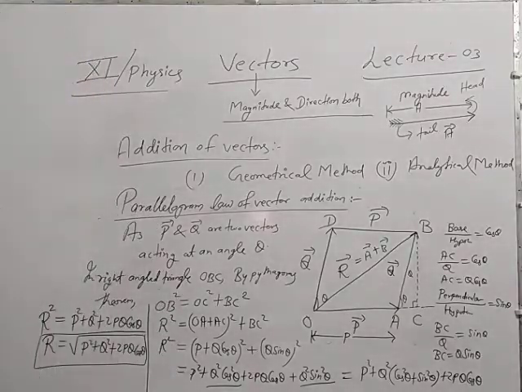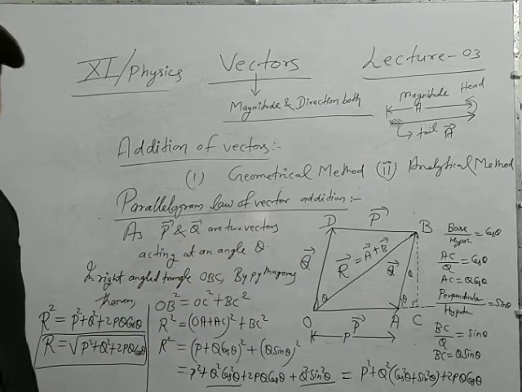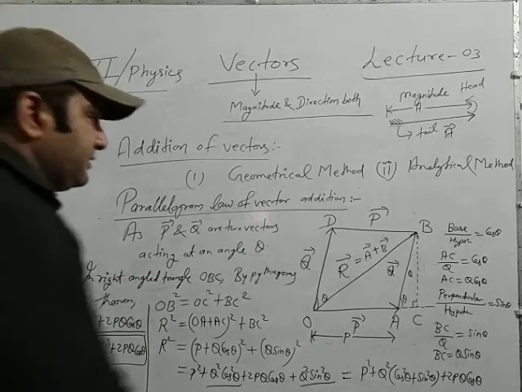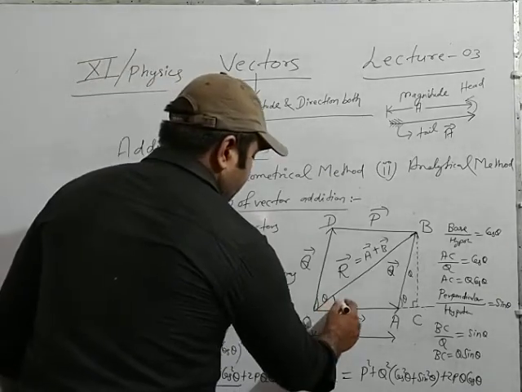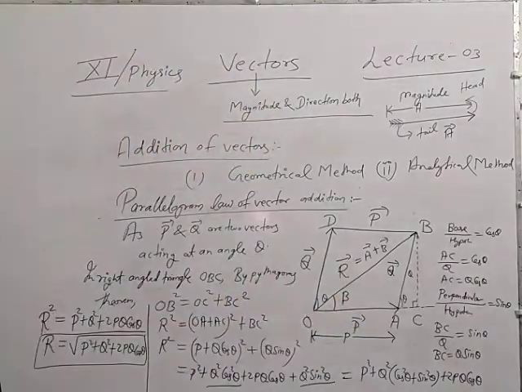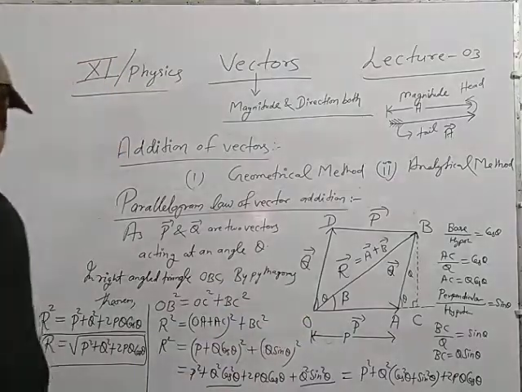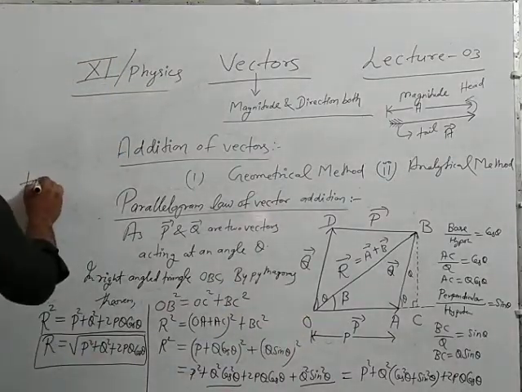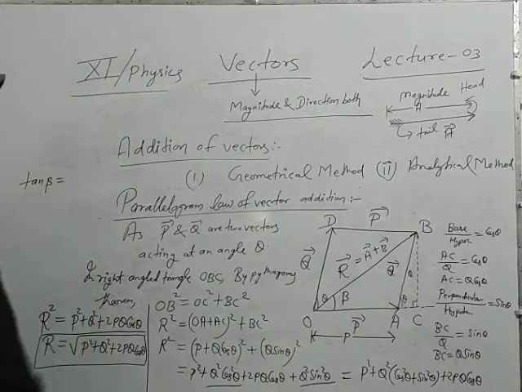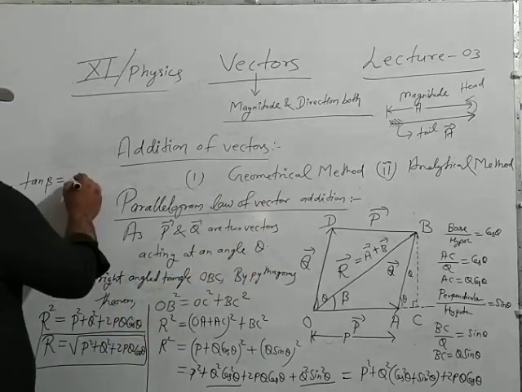Clear? Just note it down. After this, I will explain the angle or inclination, at which angle the resultant is acting with vector P. Very simple, that is tan beta. For the angle we have to calculate what? Tan beta is equal to BC upon OC.